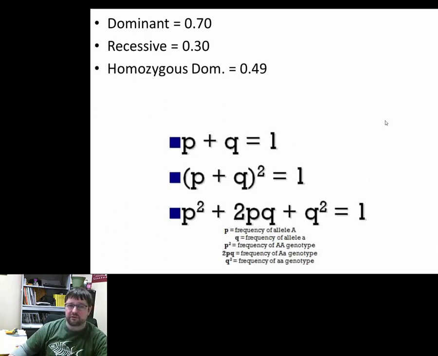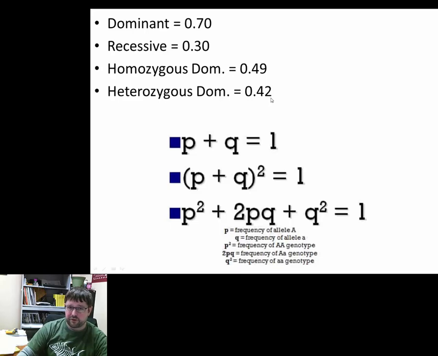So we want to know how many are heterozygotes. You can just start plugging things in. If 0.7 is dominant, we can stick that into the p squared. Square the dominant, and that gives us how many homozygote dominant individuals there are. About 49% of the population are going to be homozygote dominant. We can do the same, sticking 70 and 30 in here, and figure out how many are heterozygotes, about 42%.